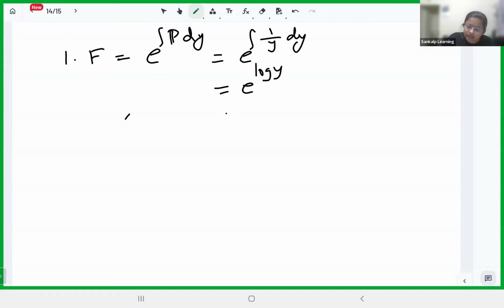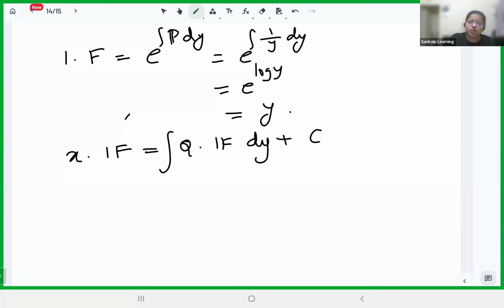Log y. And e raised to log y equal to y. Is that clear? We have got the integrating factor. And now what is the solution? That is x into integrating factor is equal to integral of q into integrating factor into dy plus c. Right? This is our solution.